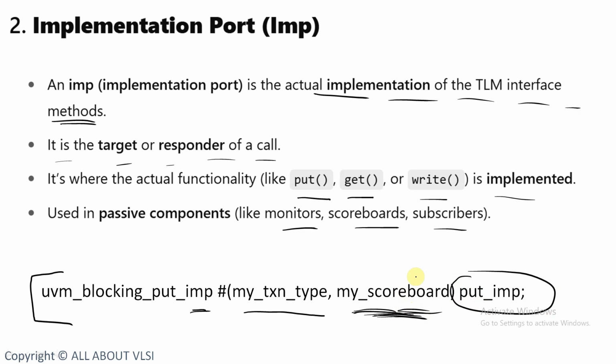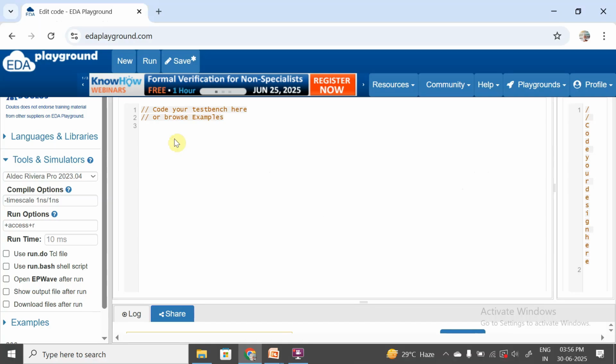Now let us try to see this with an example so that things will be clearer. First let me declare the libraries: tick include uvm_macros.svh, and one more is import uvm_pkg. Now let me create a transaction class which I'm going to communicate with between my two modules.